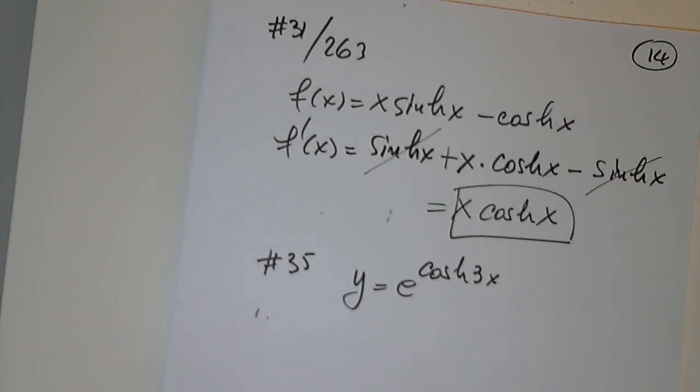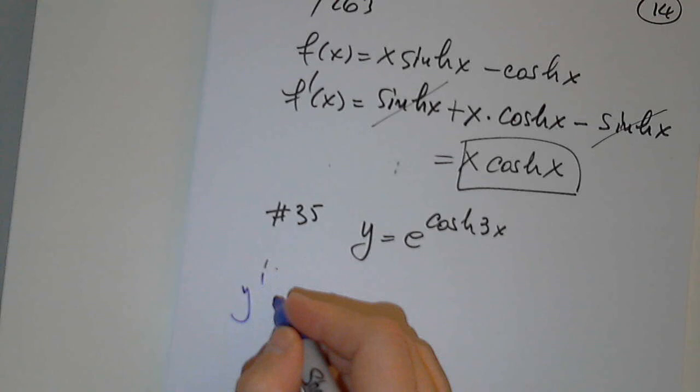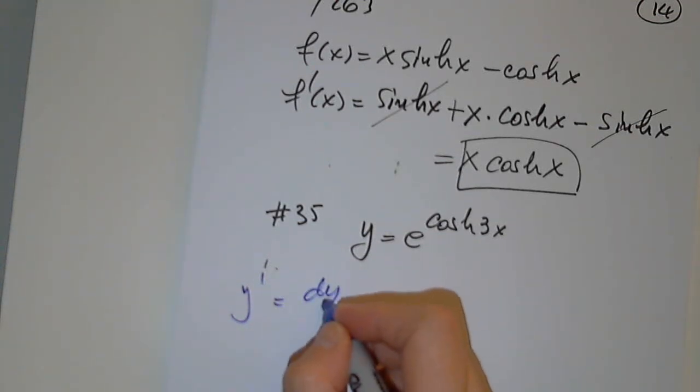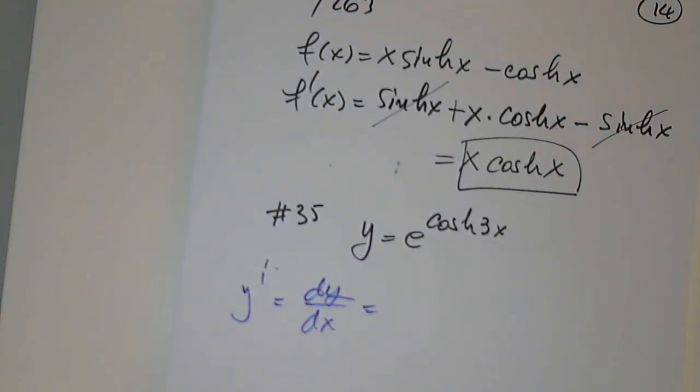And the last one, y prime or dy over dx. Can anyone give us the answer? So it's e to a function, prime.